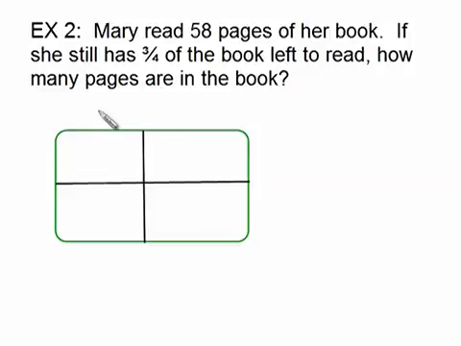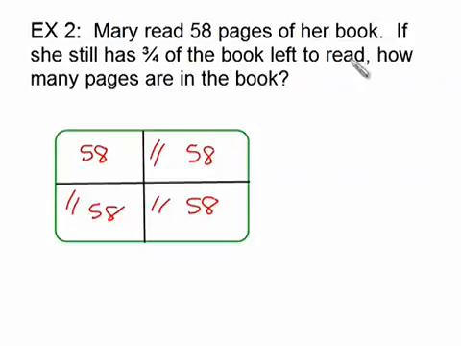Now, we know she read 58 pages. So this is how much she's read. And she still has 3/4 of this book to read. Well, if 3/4 are left and she has read 1/4, which must be 58, then these also must be 58.